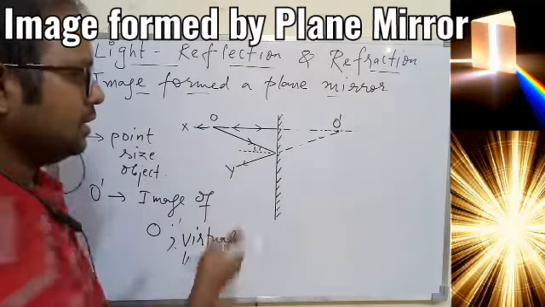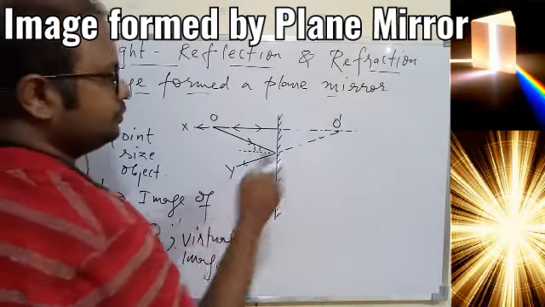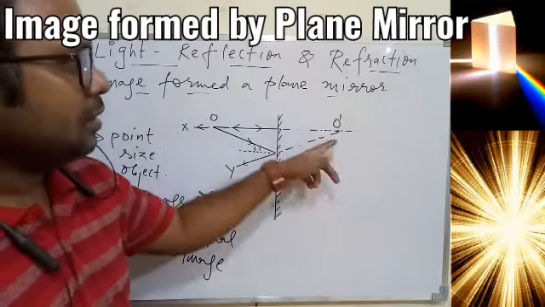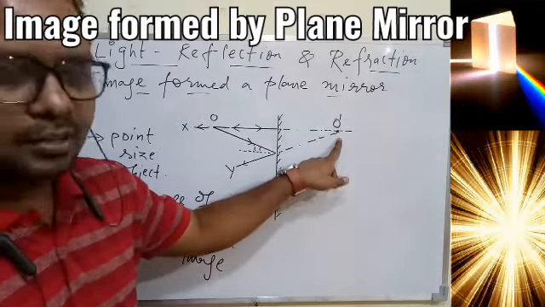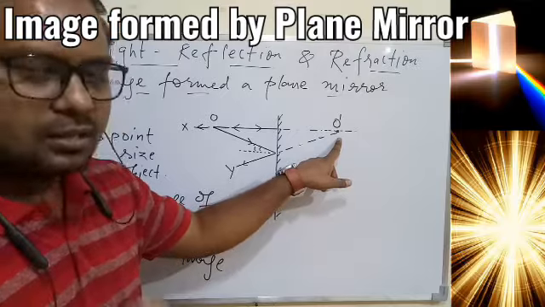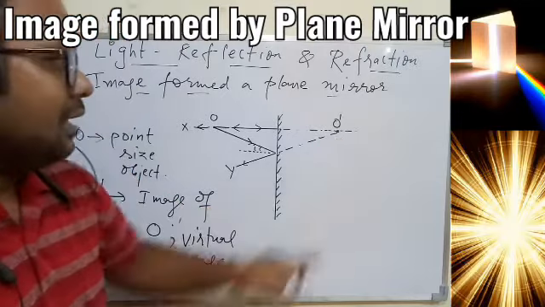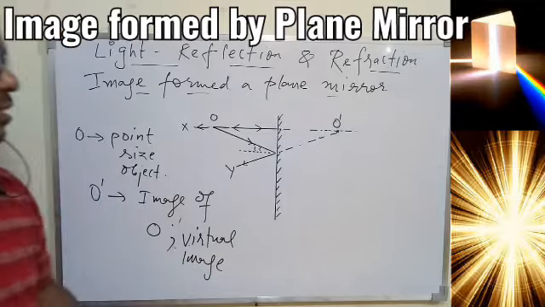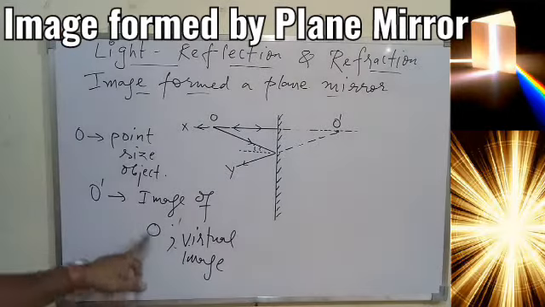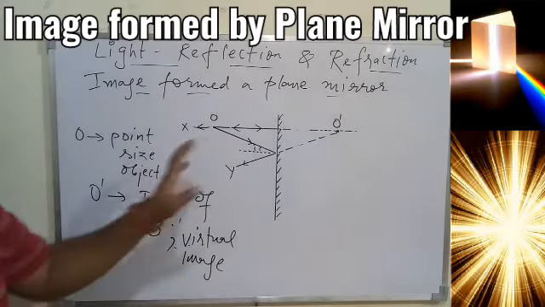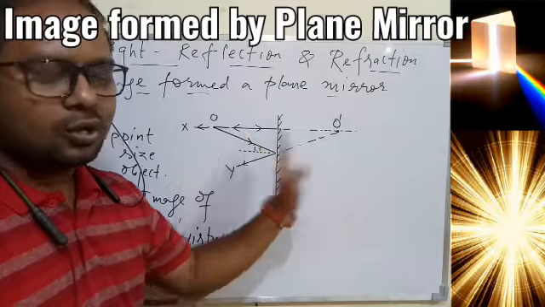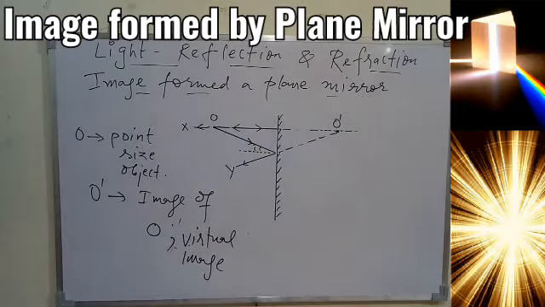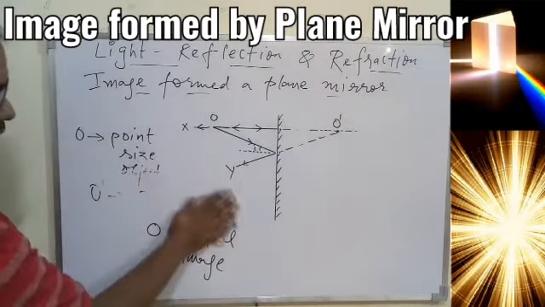So it seems that if we extend the same line backward, these two rays seem to meet at a particular point behind the mirror, and that point is the point where image is formed. And since they are actually not meeting together, it seems to meet only. That's why the image so formed is virtual. And in that case, all the lines should be dotted. So everything behind the mirror should be dotted. That we have to remember. So I hope this part is clear.